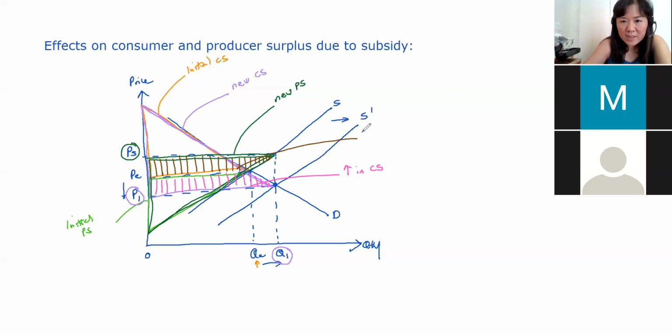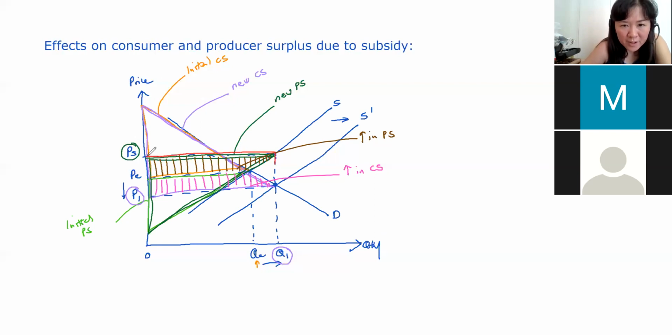So the gain in consumer and producer surplus is this weird looking area here. But not forgetting, girls, the government subsidy. Government subsidy is given by what?